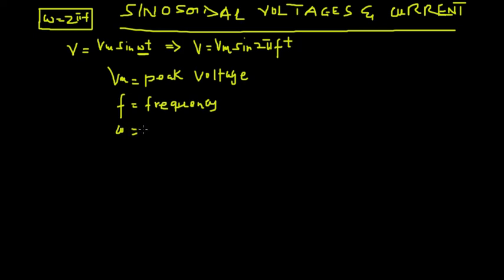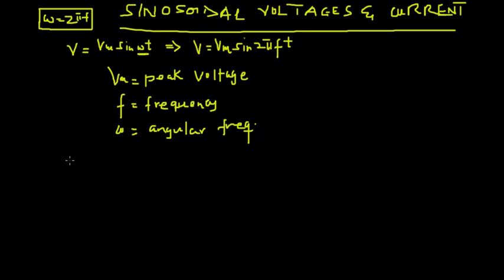This is our angular frequency. Note that this could be further simplified, so we know that V is equal to the peak voltage times sine of angular frequency times the time.